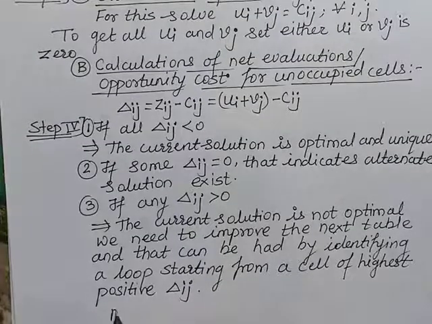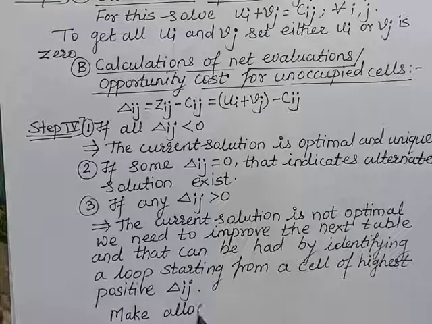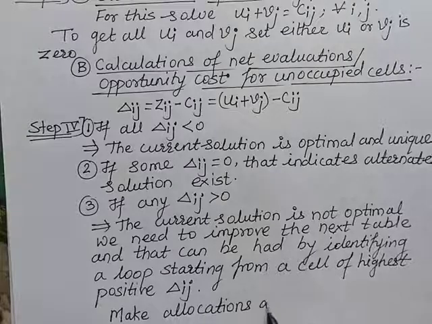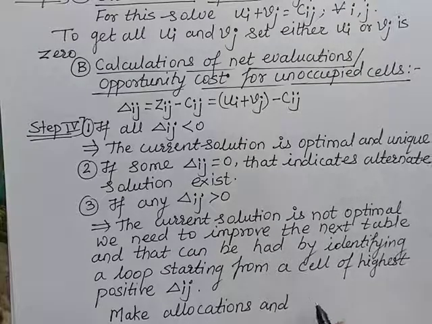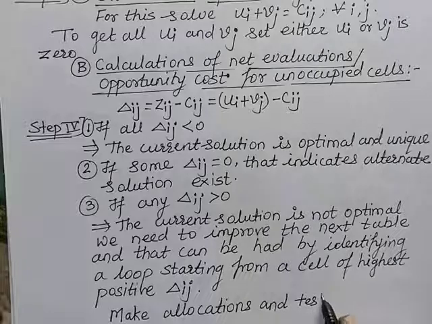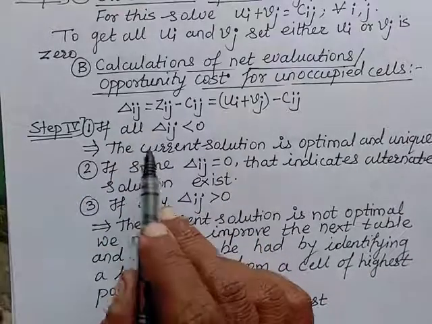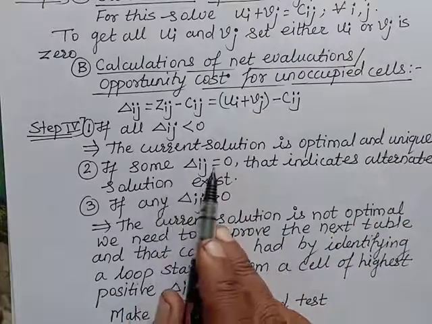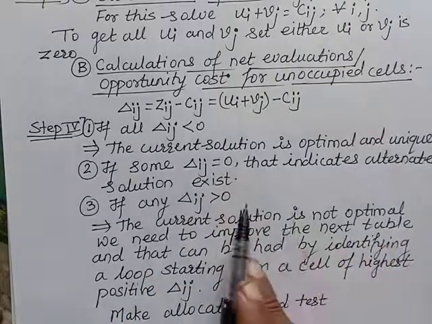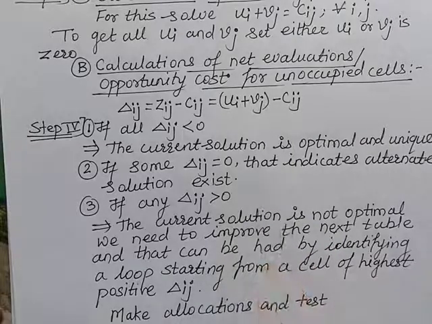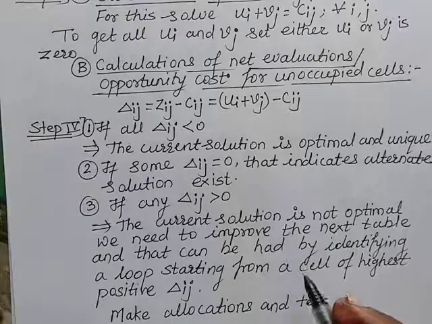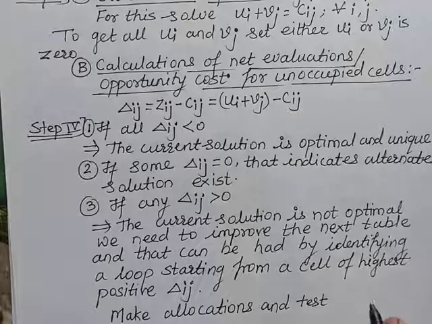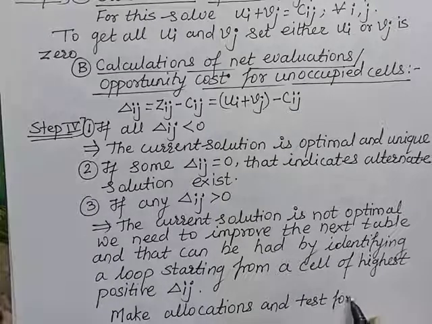Now here again make allocations and test for optimality. Repeat all the things again and test for optimality. If all delta ij less than 0, then it will be optimal. If some of them equal to 0, then alternate solution exists. And if any one is greater than 0, then again the same thing we need to do. Again form a loop and then do the allocations and test for optimality.